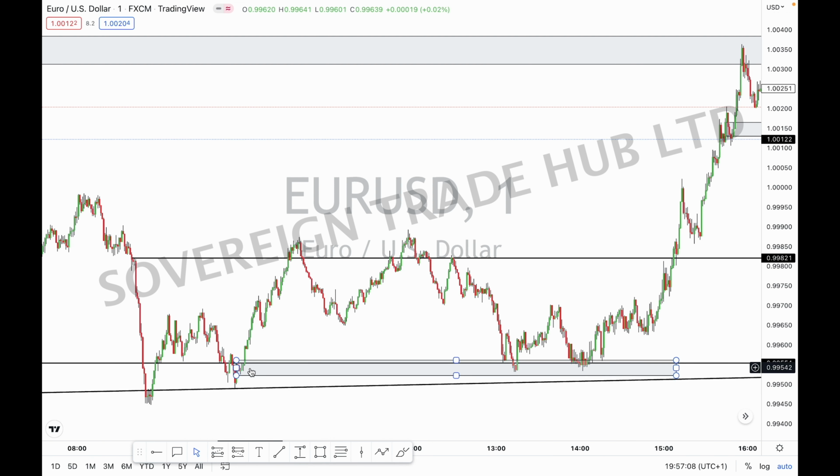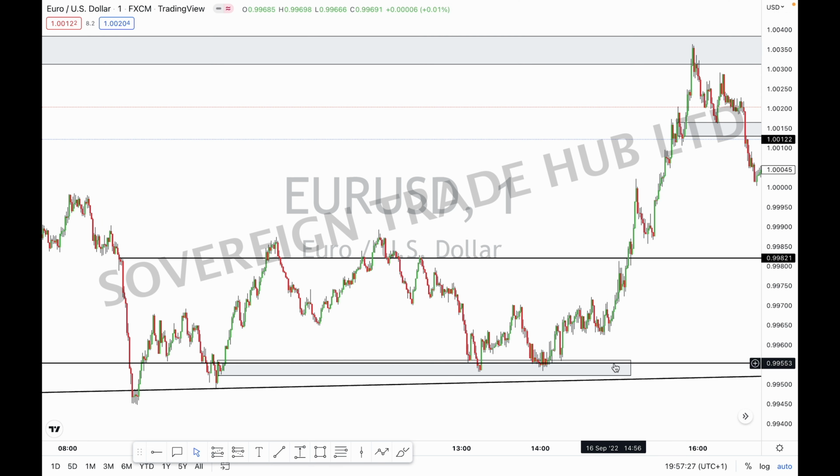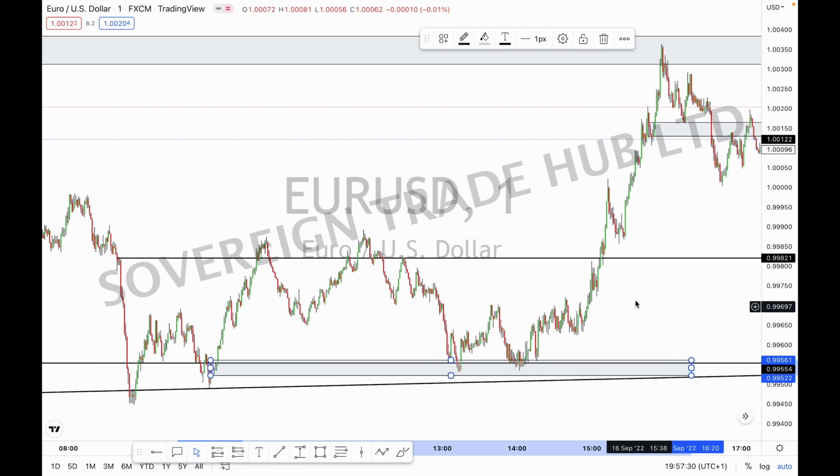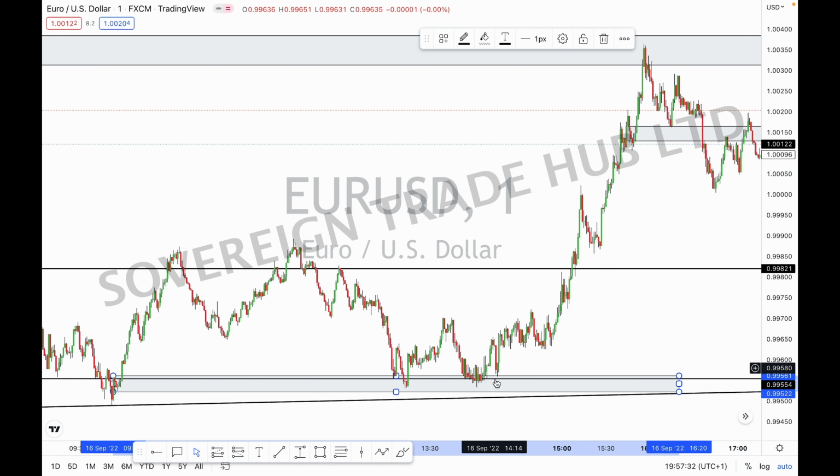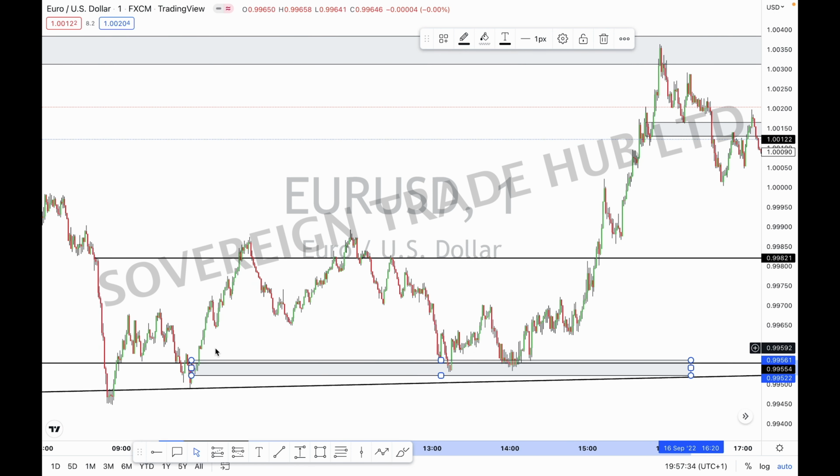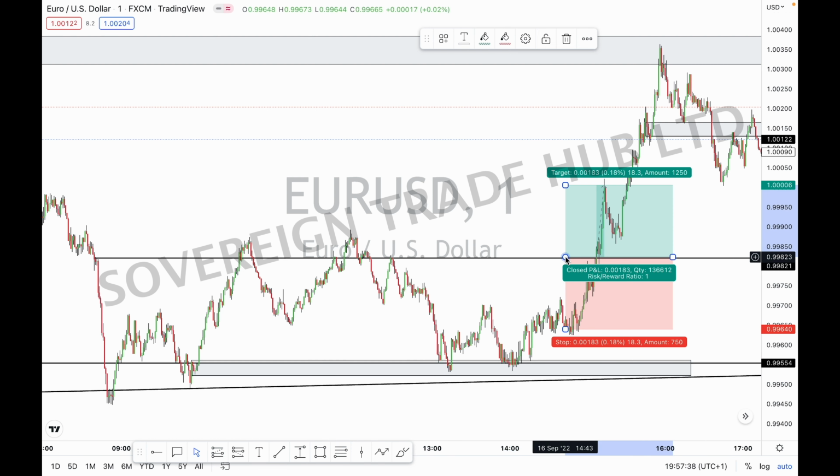This demand zone here sponsored the break of this high, and the moment this high was broken, the big players or anyone interested in buying will have to wait for the market to retrace back into that very level. And as the market retraced back into this very level that broke structure, we had to pick the buy. It's a very low risk trade with an efficient reward.